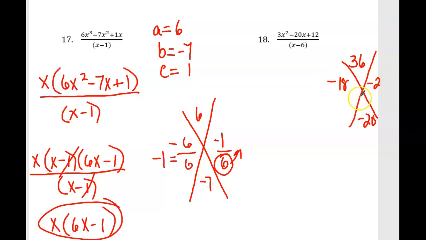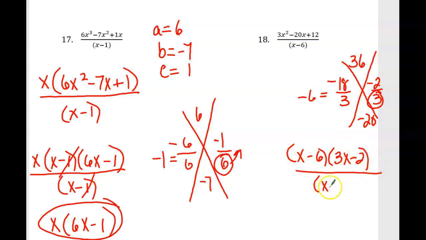And then I divide by that leading coefficient, which is 3. So when I do that, I get a negative 6. So when I factor the numerator, it becomes x minus 6, and then this 3 becomes the coefficient, 3x minus 2. Okay, and that's all going to be divided by the x minus 6. Those x minus 6's cancel out, and we're left with our answer of 3x minus 2.